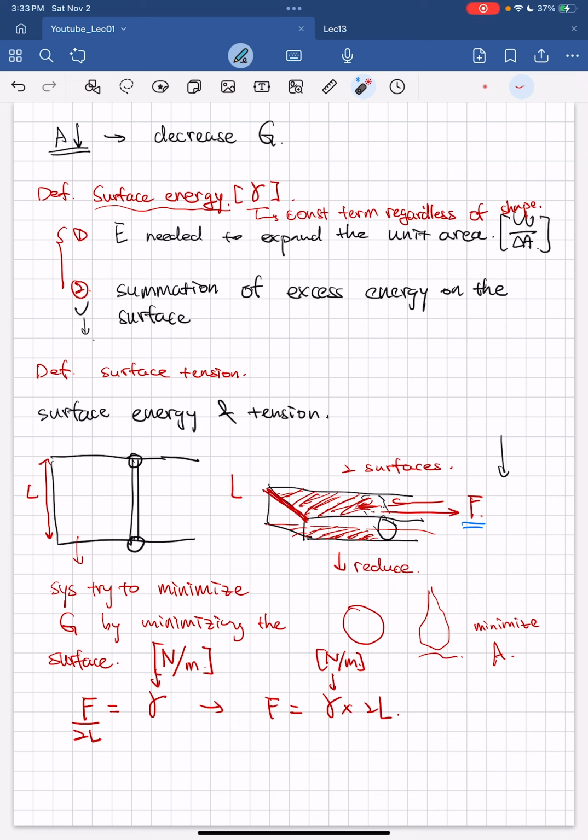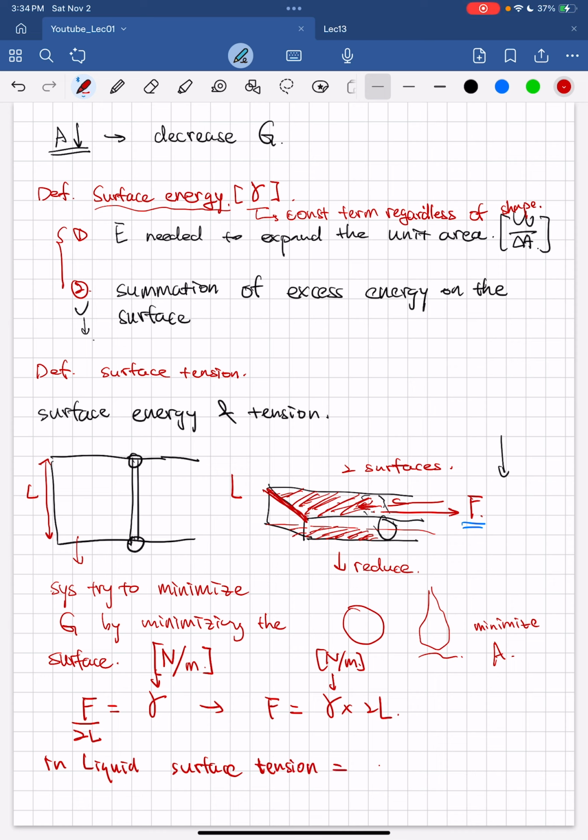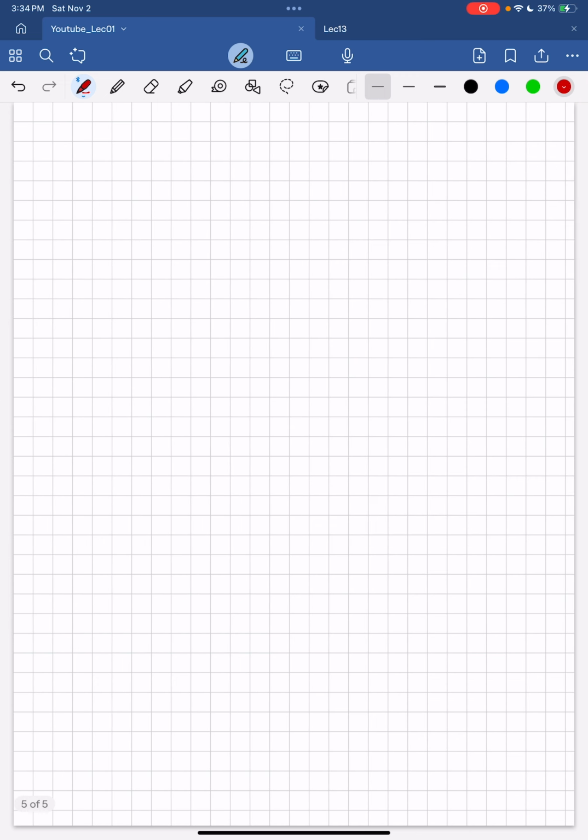And if you get back to how it connects with the surface energy, in liquid cases, surface tension is the same as surface energy. They are the same concept. It's really the same. I'll show you why.